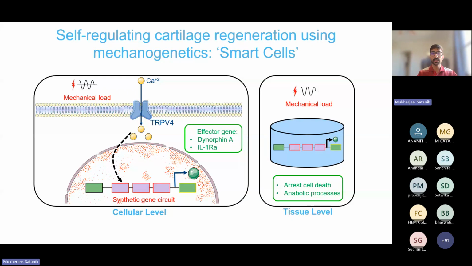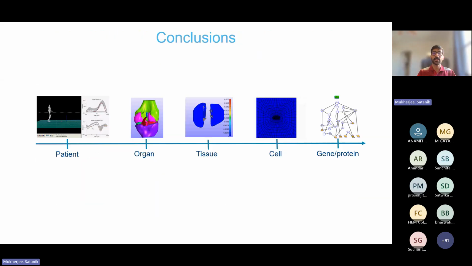This autonomous system of using mechanics to trigger cells to produce their own matrix is a very new field called mechanogenetics, which combines mechanical loading of the cells with synthetic biology techniques to edit the genome of the cells to regenerate cartilage. So this is one of the very emerging fields of research that is very multidisciplinary and forward-looking, and that will develop a lot in the next few years for cartilage regeneration strategies.